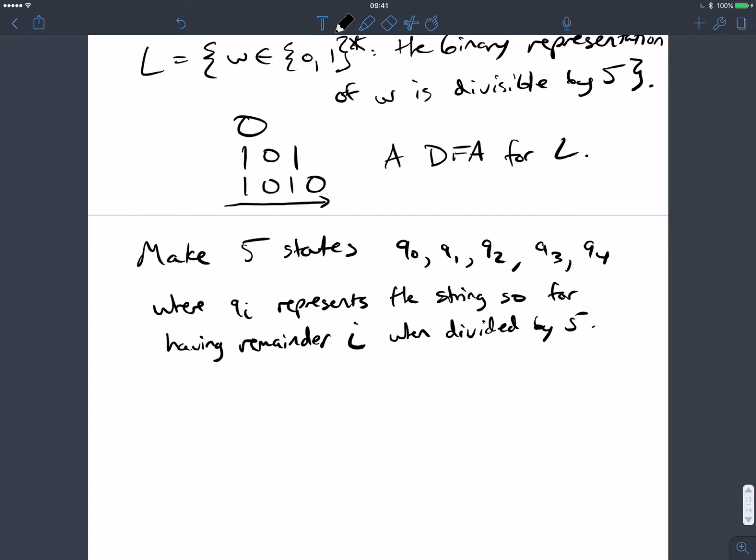Okay, so that's just an intuitive idea. And we can actually see it if we look at the last 2 example strings I gave above. How did I get from 101 to 1010? I read a 0 afterward, but in binary terms, what does that represent? I shift left, or multiply by what? It's binary. Multiply by 2.